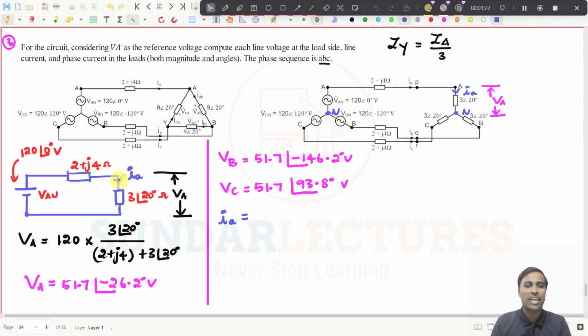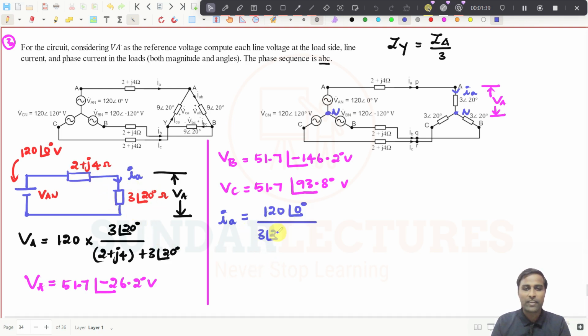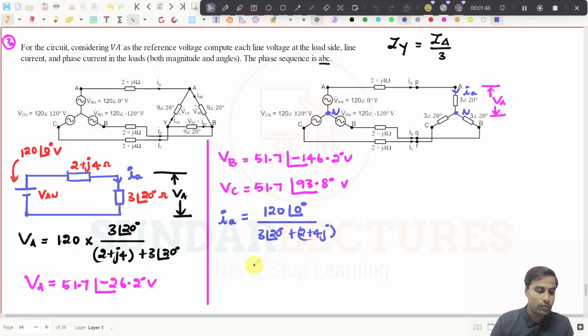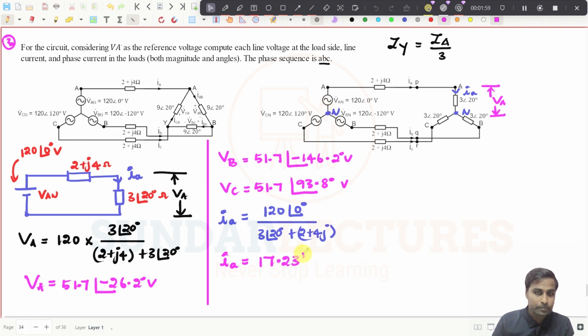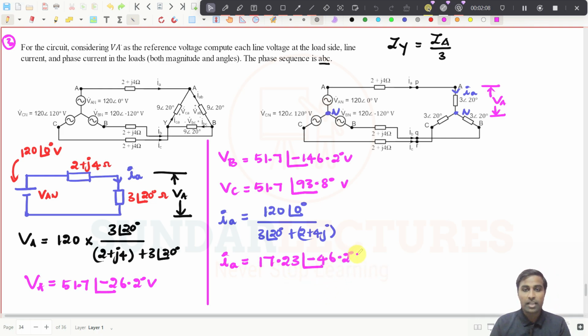The voltage, 120 at an angle of 0 degrees, divided by the total impedance, 3 at an angle of 20 degrees plus 2 plus j4 ohms. This is the formula to find IA. If I do so, I am getting IA to be 17.23 at an angle of minus 46.2 degrees. Sorry, not volt, it is amperes.